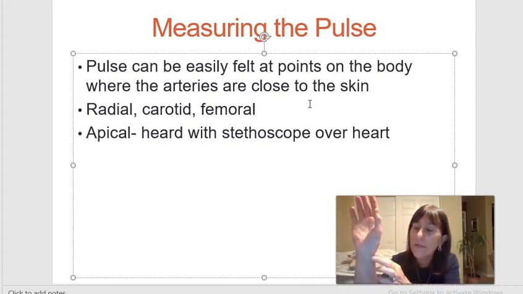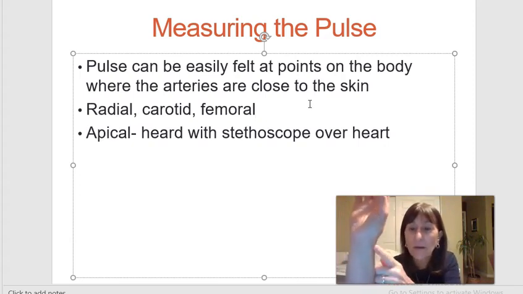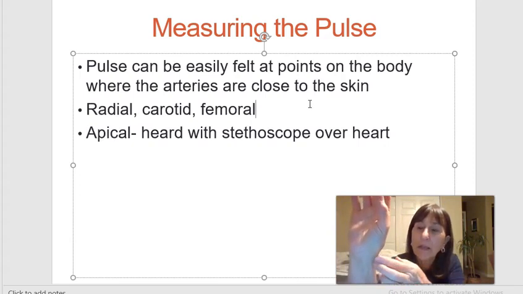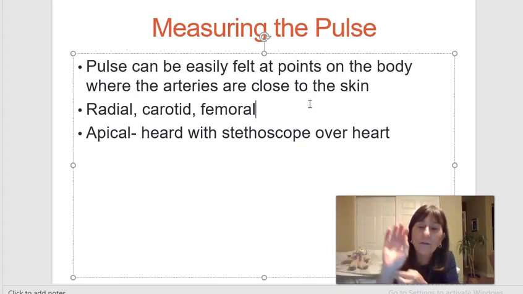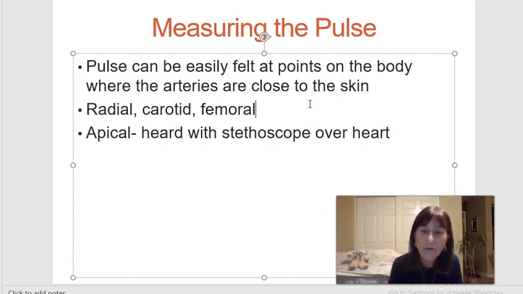It's right down the thumb. There should be a bone sticking out here. That's the radius bone, and the artery lays right next to it. So look in the skills, and I'm going to make sure you know how to feel that and then count it over a minute. I want to make sure you have good placement.